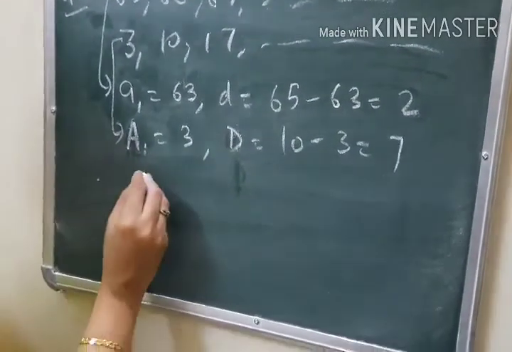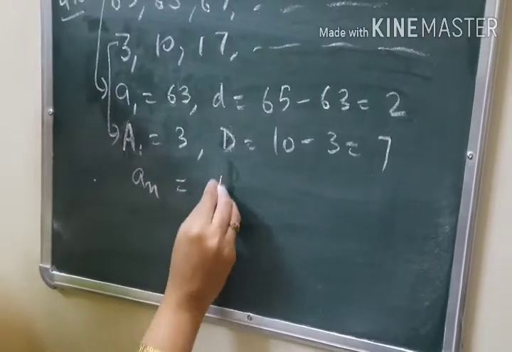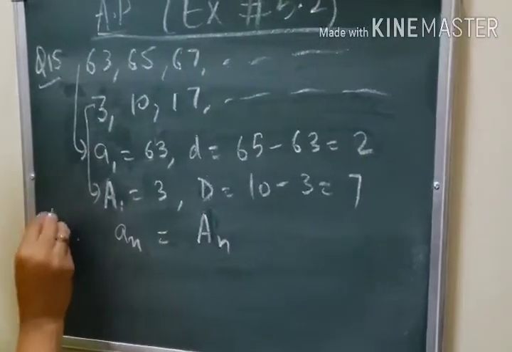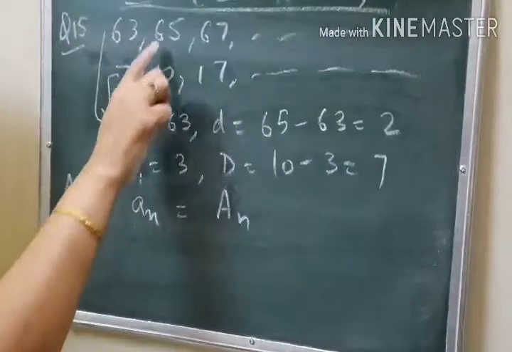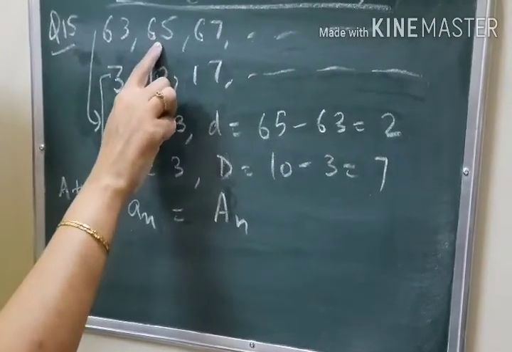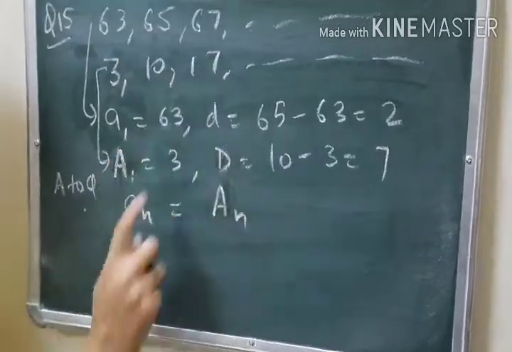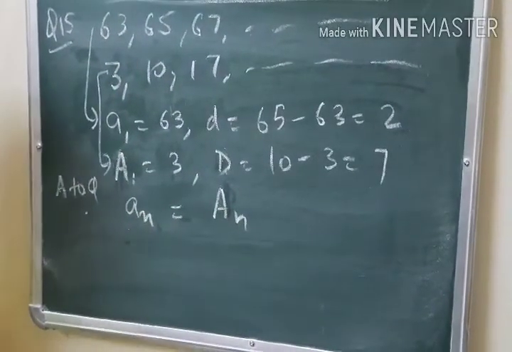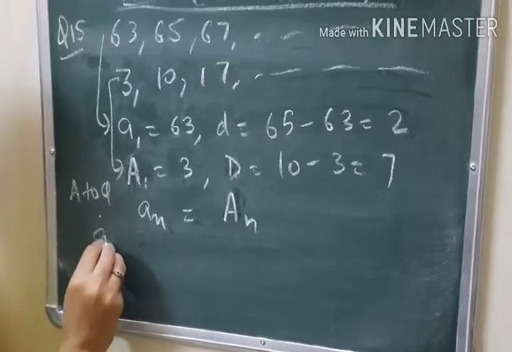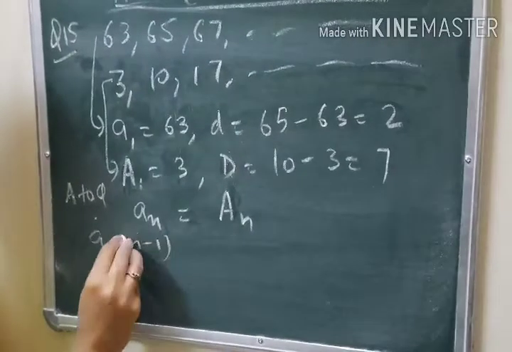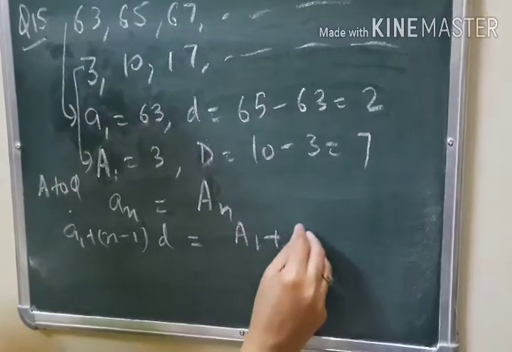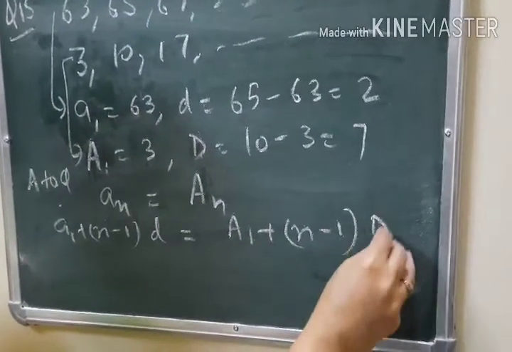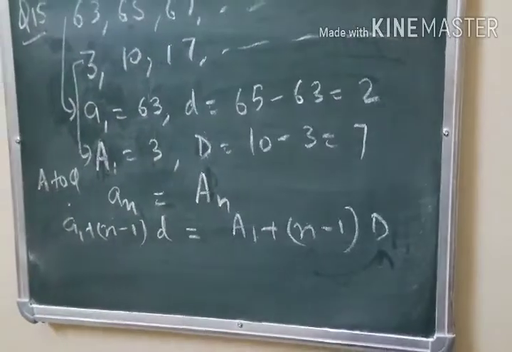But what is the same? AN. The nth term of both APs is the same. This is given in the question. According to the question, AN is equal to capital AN. If I take the nth term of this as small an and the nth term of this as capital AN, both these terms are equal. So we'll just put the formulas for them: A1 plus n minus 1 into D, and capital A1 plus n minus 1 into capital D.